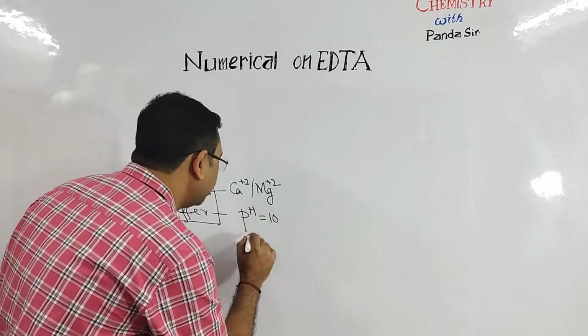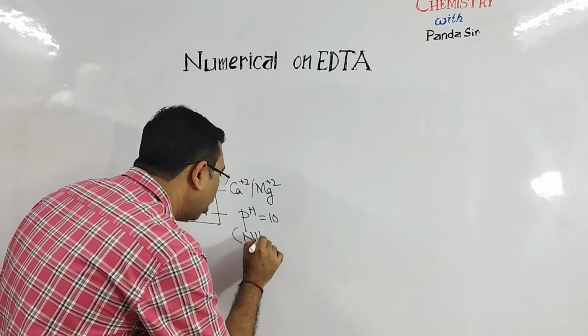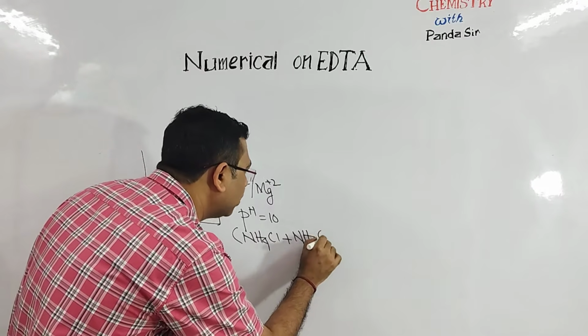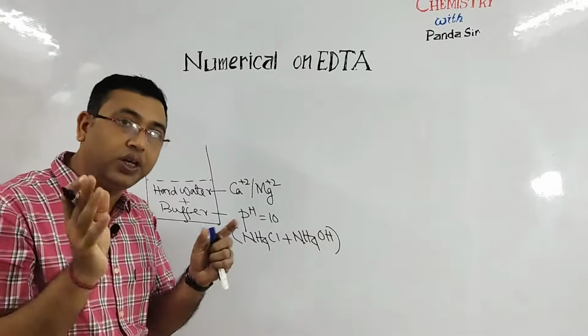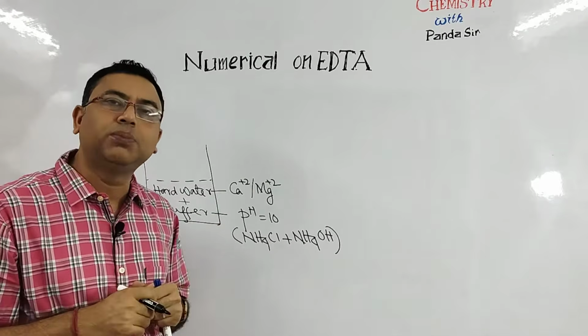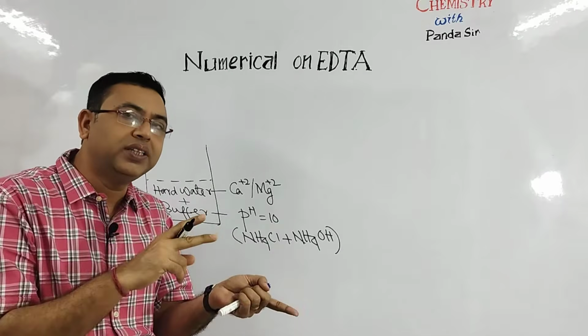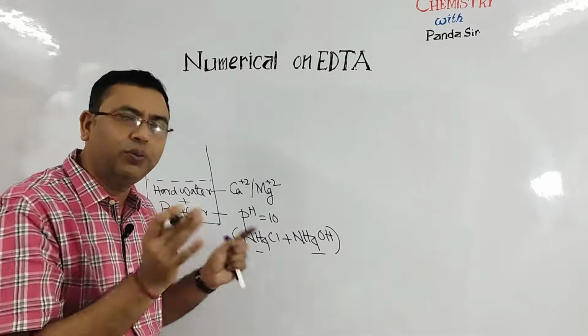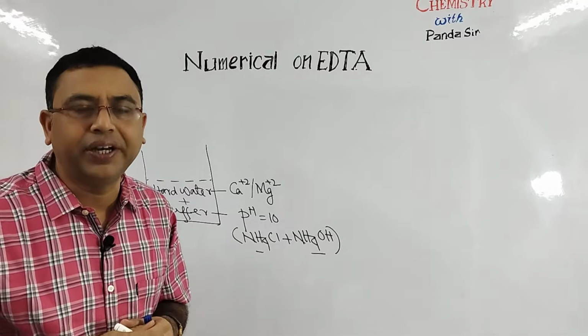A pH 10 buffer solution is a combination of ammonium chloride and ammonium hydroxide, because we know very well how to make a buffer solution. To make a basic buffer, we have to take a weak base and its salt. Anyway, so this is the buffer that we are adding.